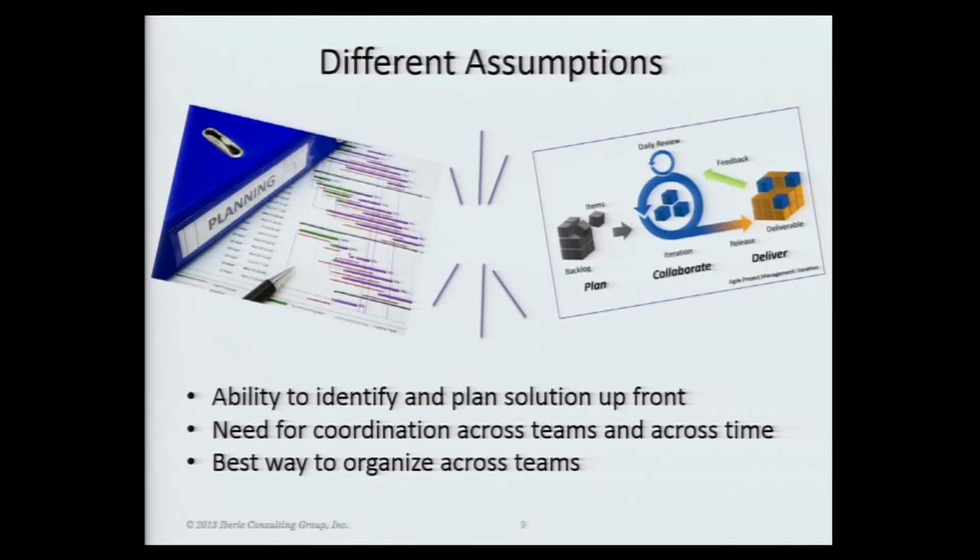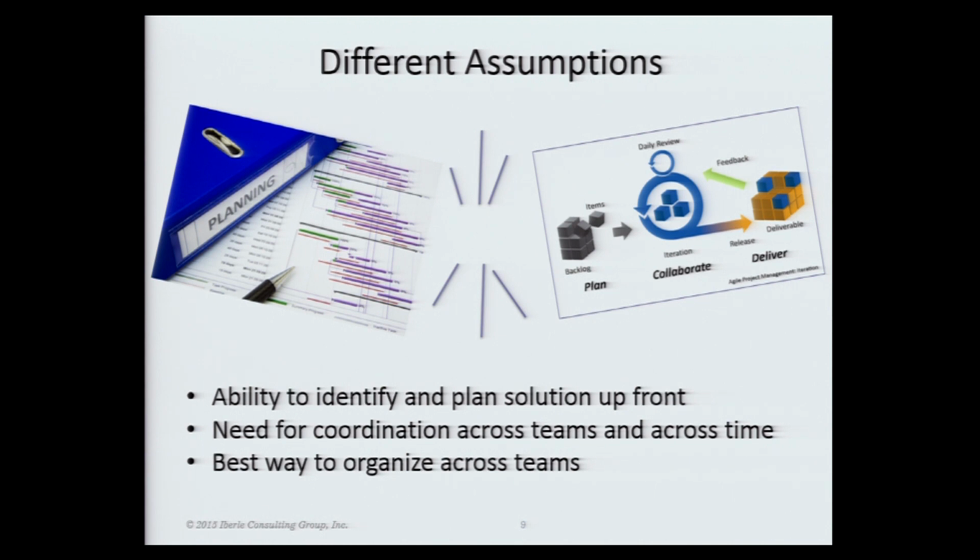But the conflicts between annual planning and Agile come generally because there's two really different sets of assumptions going on about three things. One is, how well can you identify and plan a solution up front? What are your assumptions about that? Second one is, how much do you need to coordinate across teams? Can you have all the changes happening by telling each team go make changes and then it all adds up?